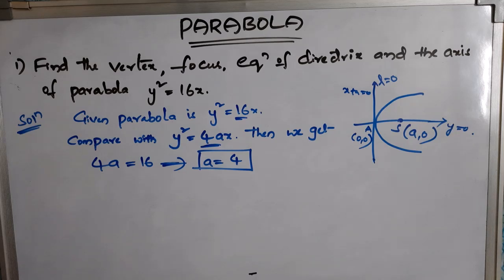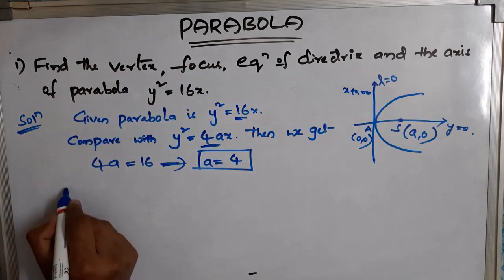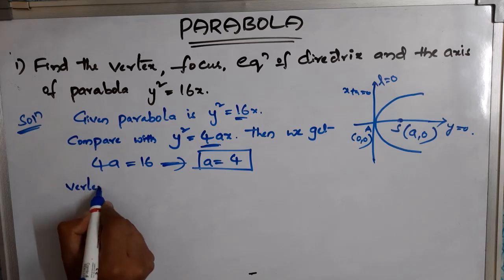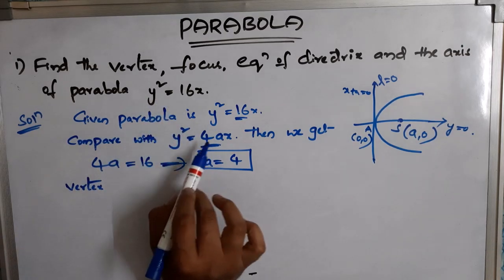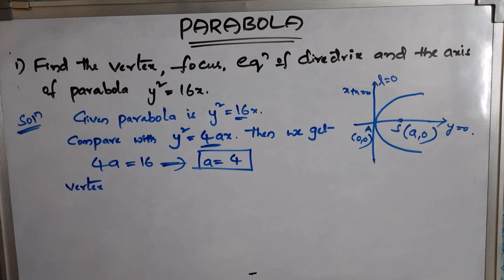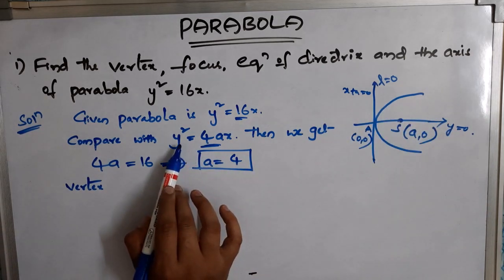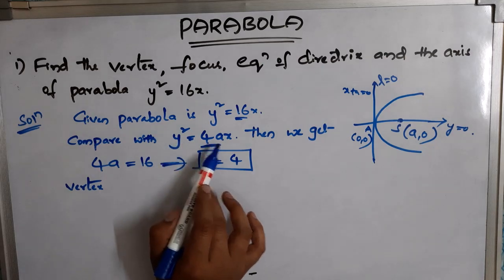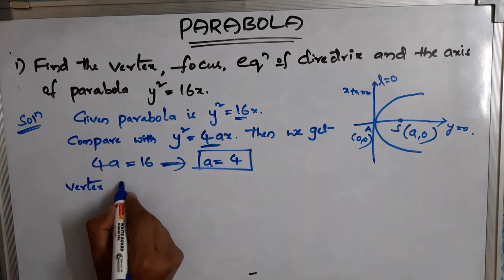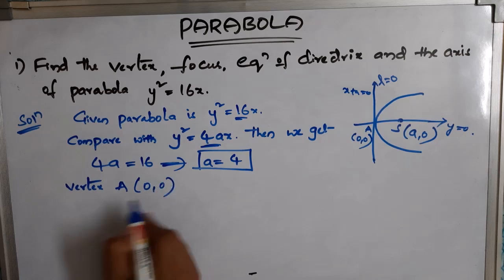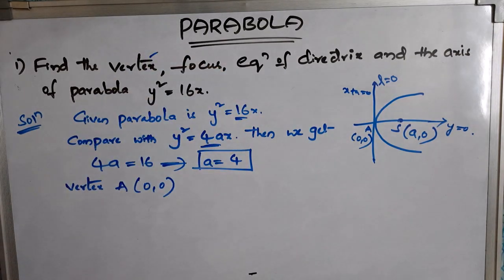Okay, first we have to find the vertex, right? The given parabola is of the form y square is equals to 4ax. So whenever the parabola is of type y square is equals to 4ax, the vertex becomes 0 comma 0. The first one is over, right?